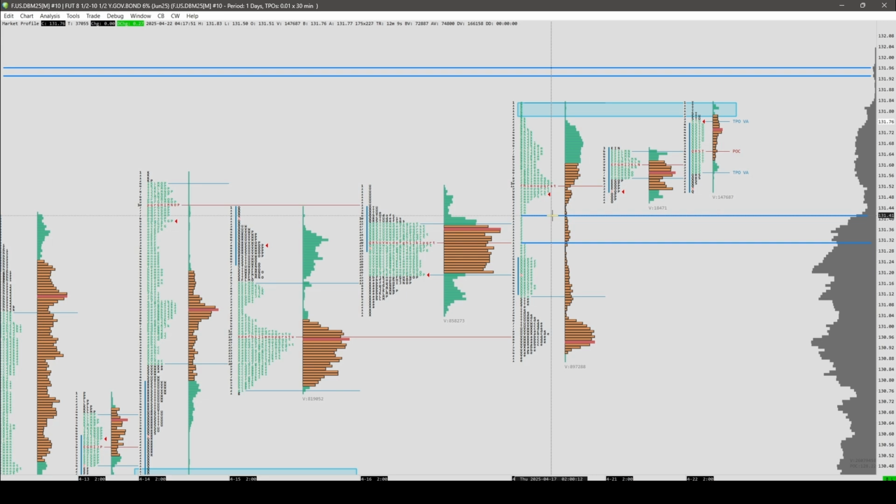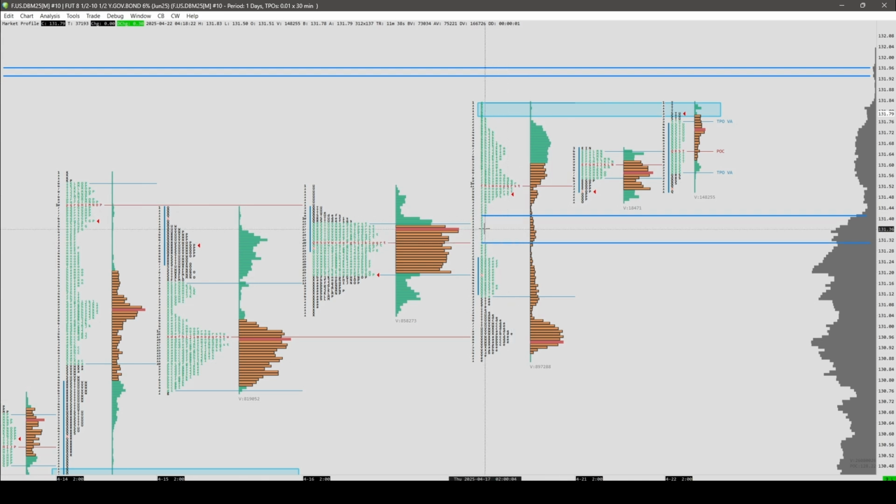Those single prints are sitting at 131s, 41s and 131.31. I expect that the market is going to be building some value right here, just because the market likes to build value where the market left some volume, or where the market just bought or sold very aggressively.